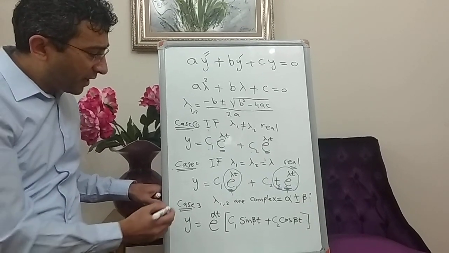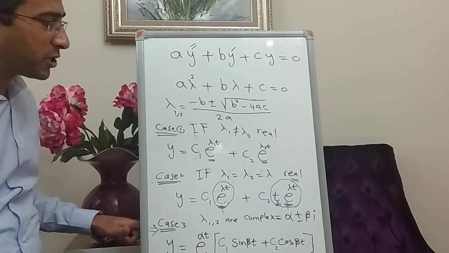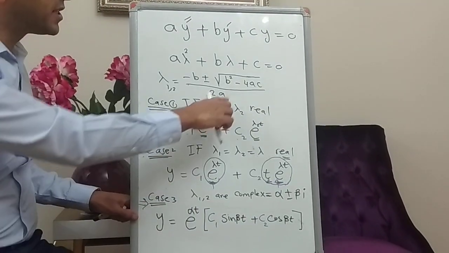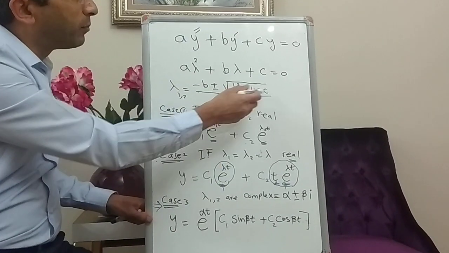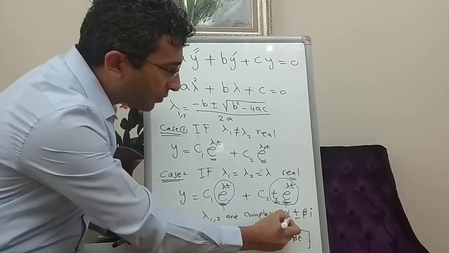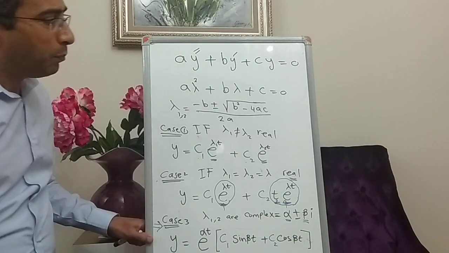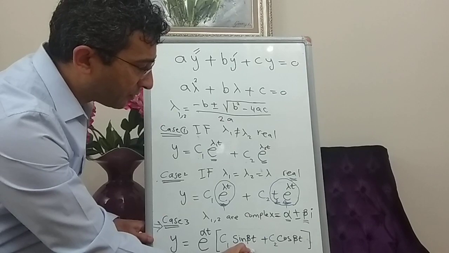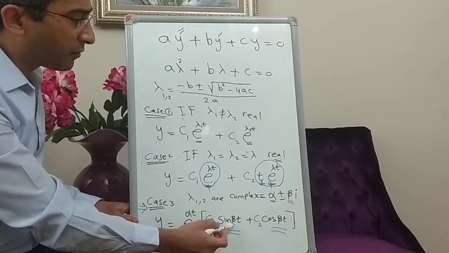The last case, and it is very important in vibration applications, especially free vibration, I will explain this later. If the roots are complex numbers, it means that if you have under the square root minus 3 or minus 5, a complex number i, then the roots have two parts, a real part alpha and a complex part beta i. In this case the solution is a combination of a sine function and a cosine function, and the angular frequency for these is beta.